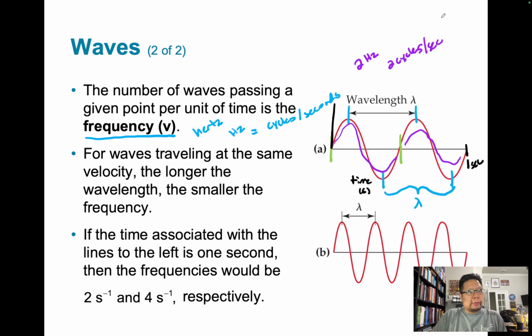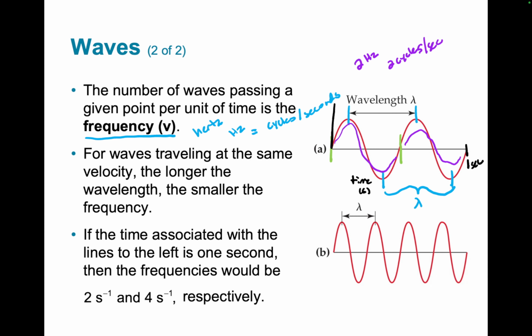I'm going to go away real quick so we can see the next one, the next picture here, right? Let me move my head out the way. There we go. If we look at this one now, again, let's just imagine that this is the x-axis here, and this is the time, right, in seconds.